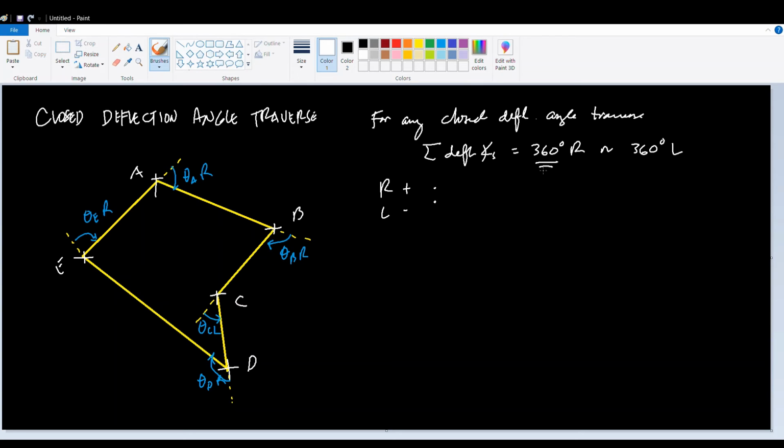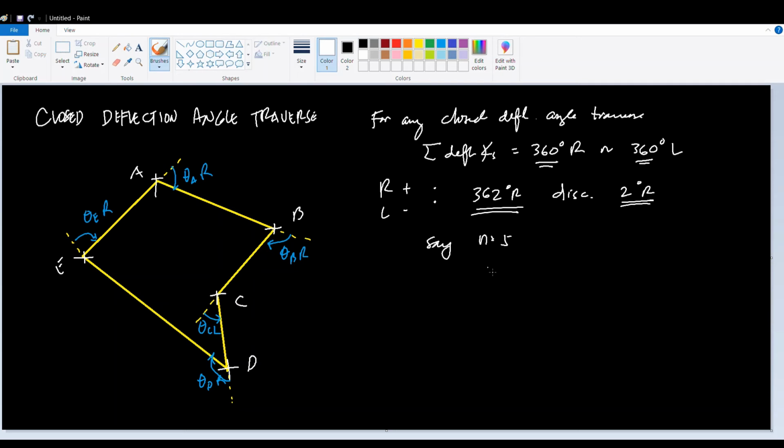In the case that the net deflection angle is neither 360 right or 360 left, say for example, it is 362 degrees right, there is a discrepancy of 2 degrees right. So we need to say that clockwise deflection angles are 2 degrees more than the left deflection angles. So if there are 5 station points, what you do is simply distribute the error over all the 5 deflection angles. Let's say n is equal to 5.